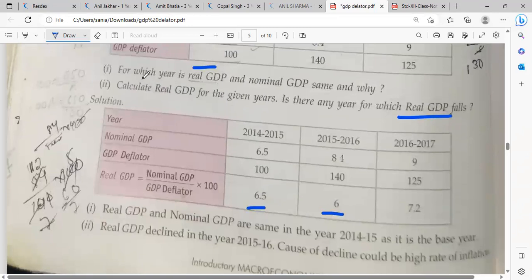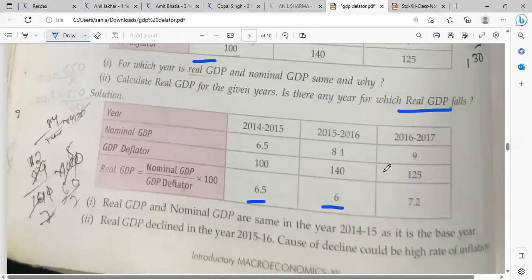First, for which year are real GDP and nominal GDP the same? For which year? 2015. 2014 to 15. Yeah. Then over here, calculate real GDP for the given years. Is there any year for which real GDP falls? Yes, this one. Your false indicates that the nominal GDP is higher than the real GDP, right?